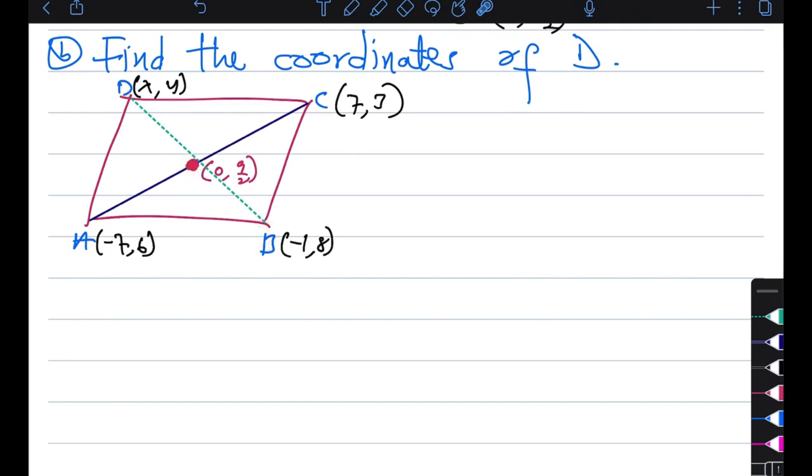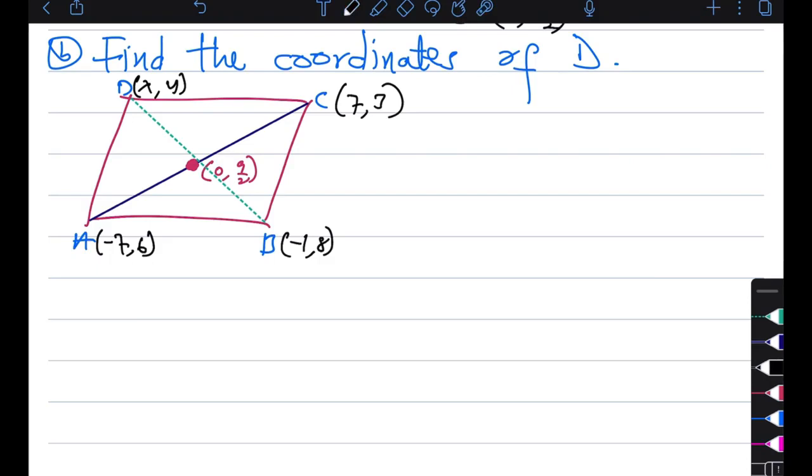Now, that midpoint is for both lines. So midpoint basically means that the distance from A to this point is the same as the distance from here to there. And that is also the same as the distance from this point to D is the same as from this point to B. So that's the idea that we're going to use to help us find the coordinates of D.